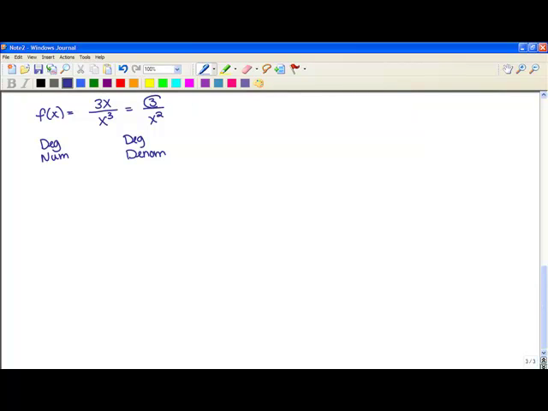Looking at the numerator, there is no x, so the degree would be 0, and the degree of the denominator is 2. So we have 0 is less than 2, and looking at the rules of a horizontal asymptote, the answer is y equals 0, or the x-axis.